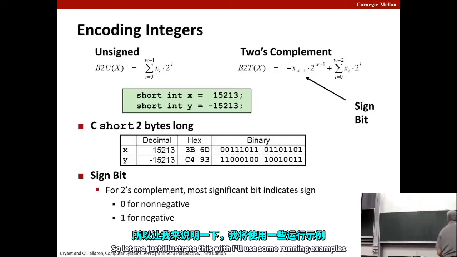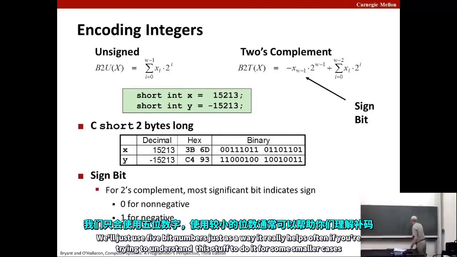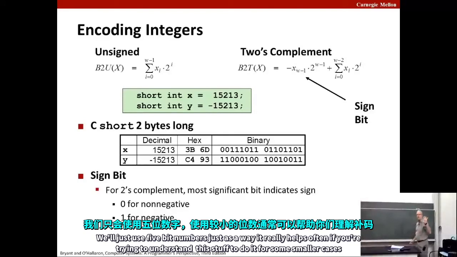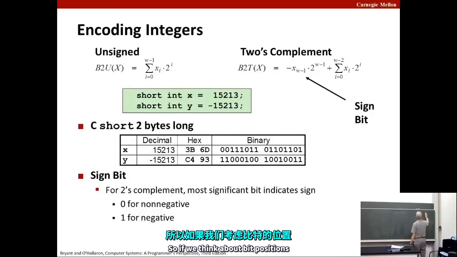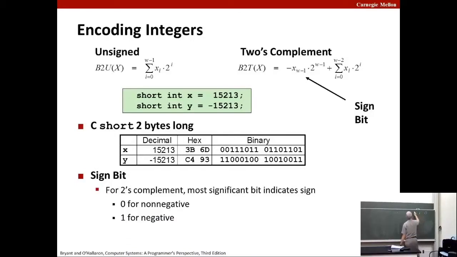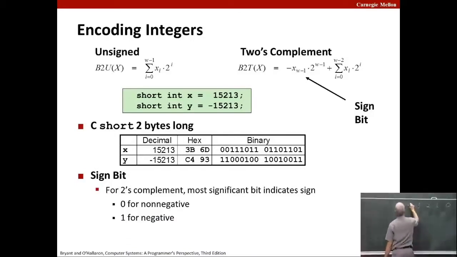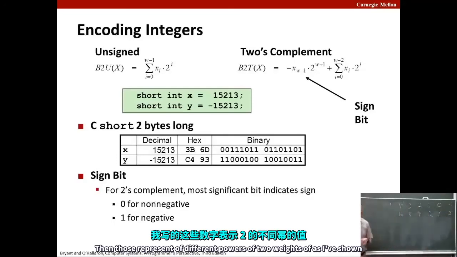Let me illustrate this with some running examples, and we'll just use 5-bit numbers. It really helps, if you're trying to understand this stuff, to do it for some smaller cases. If we think about bit positions 0 through 4, those represent different powers of 2, weights, as I've shown.